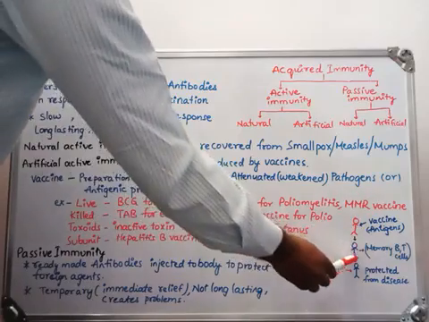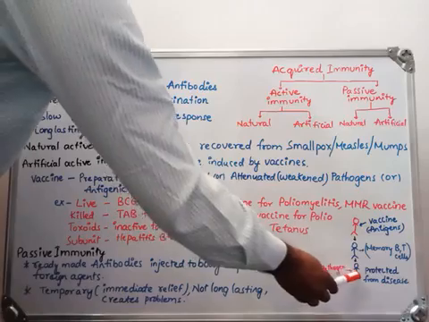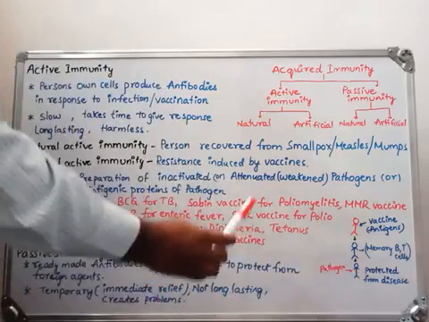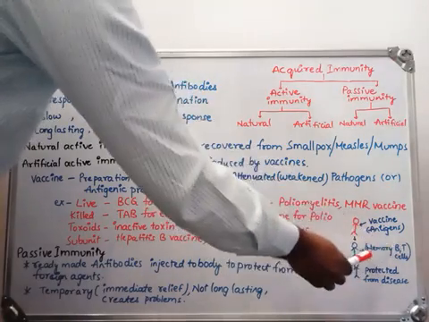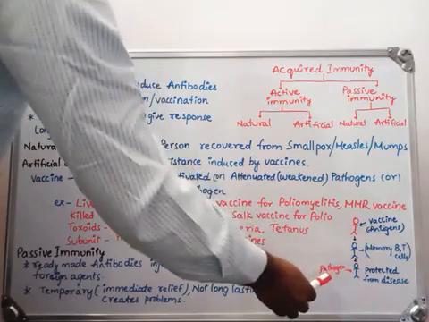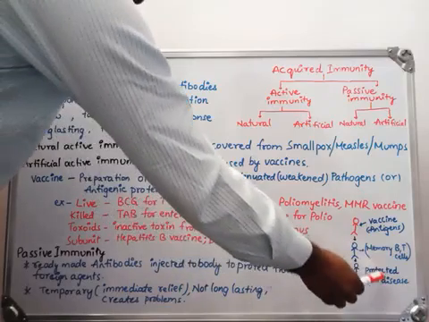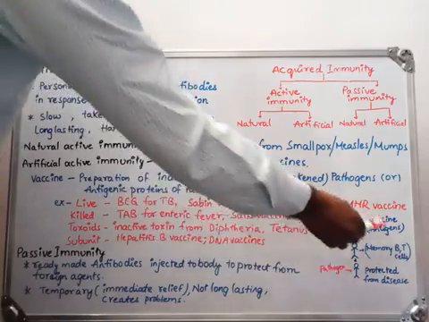That is nothing but the secondary immune response, which is going to start when there is an entry of the pathogen. When the pathogen enters, they are activated, they produce antibodies, there is a fight between them, and the person is protected from the disease. This is the mechanism behind vaccination.